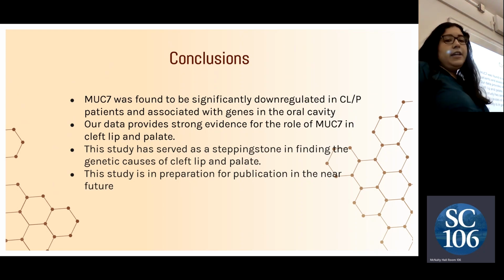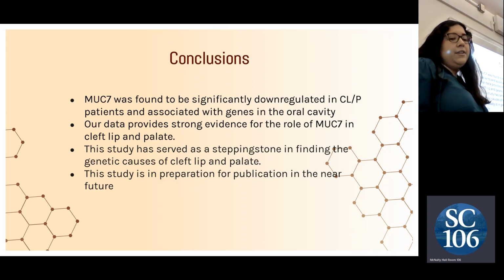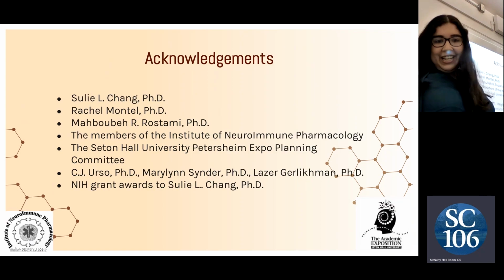Our study has served as a stepping stone in finding the genetic causes of cleft lip and cleft palate, and currently this study is in preparation for publication in the near future. We submitted it to Nature. We're really hoping we get it.